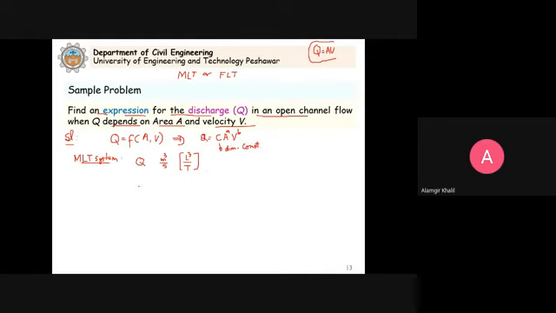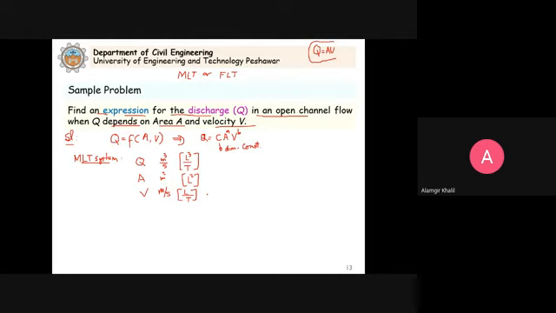Next we have the area A. In the SI system the units are square meter, so the dimension can be written as L squared. And we have the velocity, which is meter per second, so this can be written as L divided by T. So these are now the dimensions. Clear?